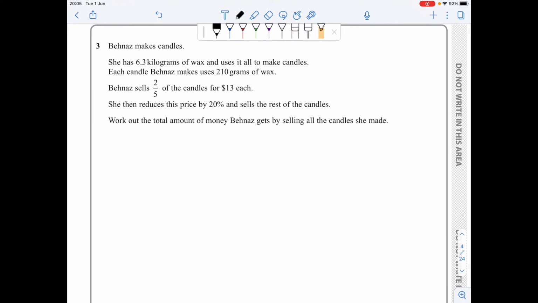I will start question 3 by first calculating the number of candles produced. I've got 6.3 kilograms. This is 6,300 grams. I will divide this by 210 grams for each candle, and this will give me 30 candles.